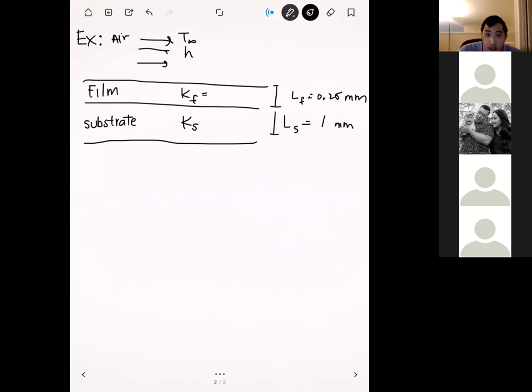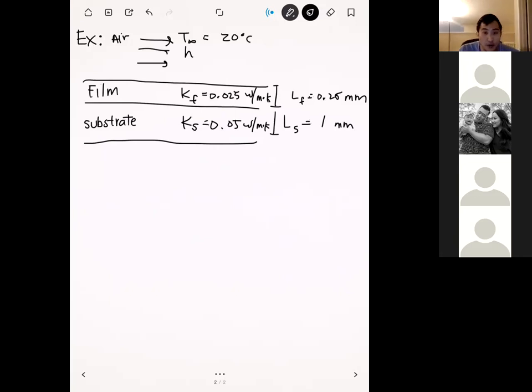And so the values for these are given by the following. Kf is going to be 0.025 watts per meter K, and Ks is going to be 0.05 watts per meter K. And for the air, we have an ambient temperature of 20 degrees Celsius, so that's going to be our T infinity.